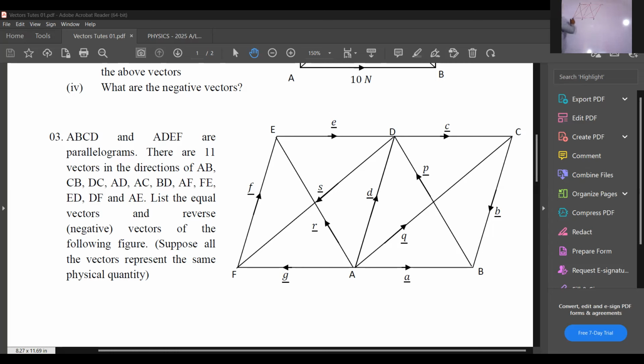It is better to write the AB length and AF length. AB length and AF length are equal. Then DC and ED are equal.